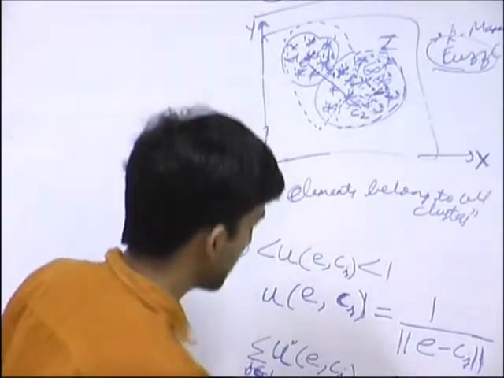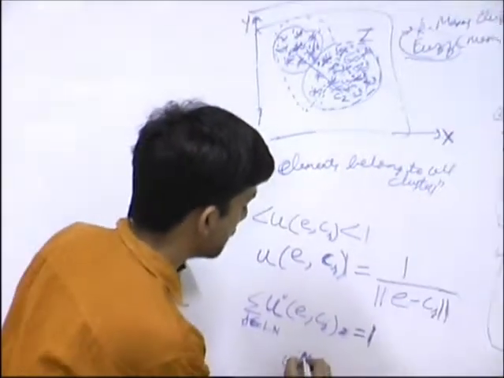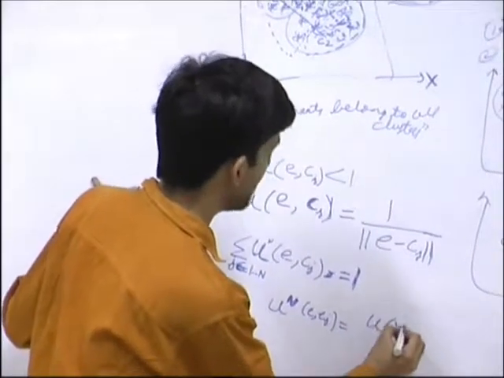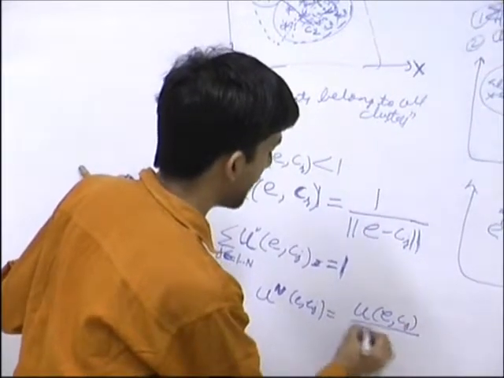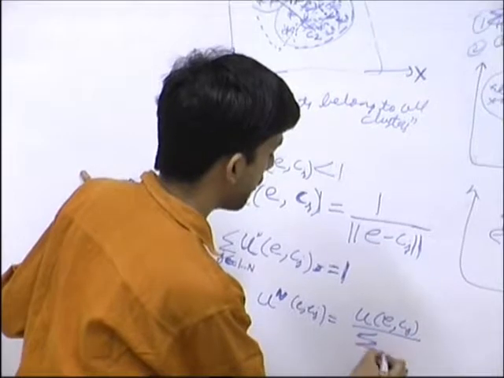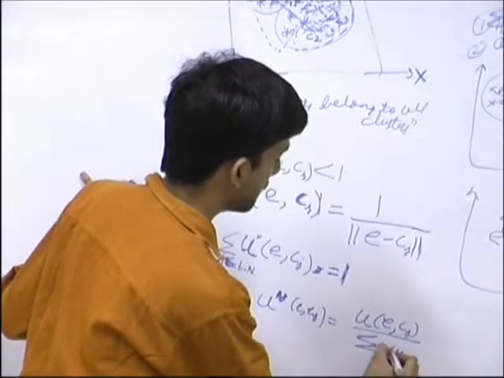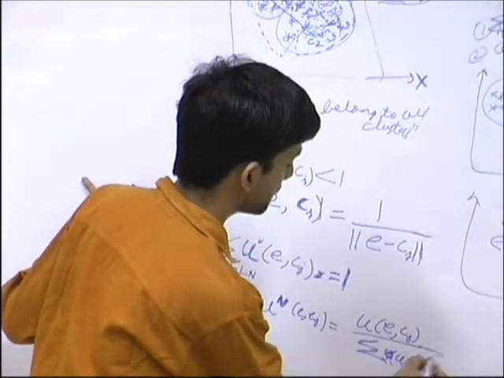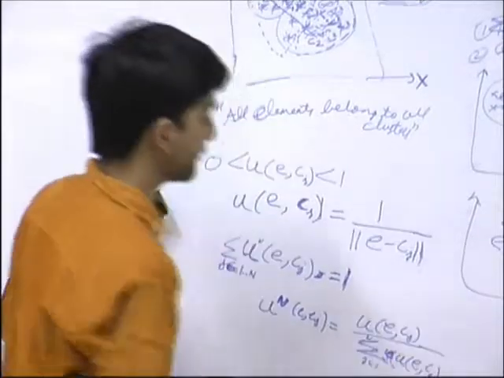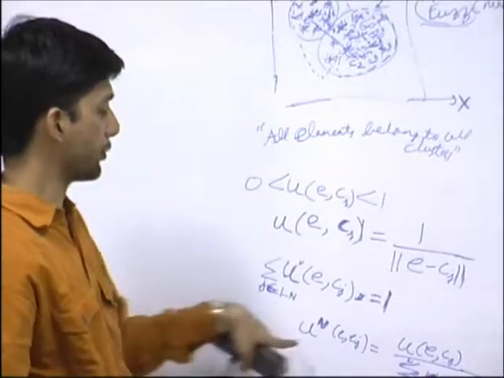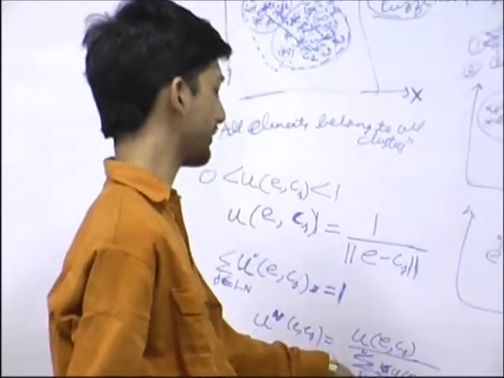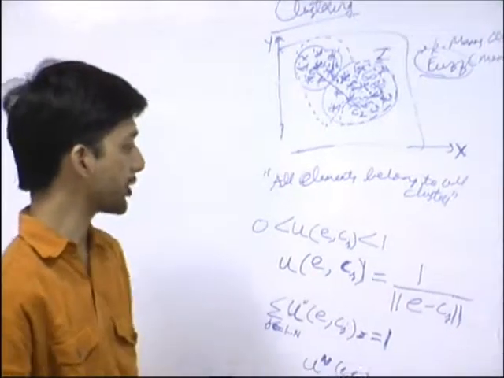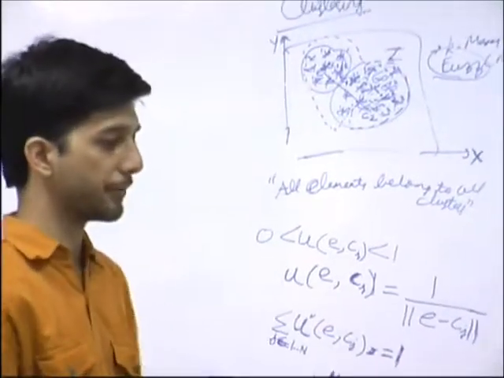So what I do is that the normalized value of any E to Cj will be nothing but the unnormalized value of any element E to Cj divided by the summation of all the unnormalized values of element E to Cj. If I sum this up, the numerator gets common, this gets cancelled, the sum comes out to be 1. So I calculated the membership, I calculated the normalized membership.